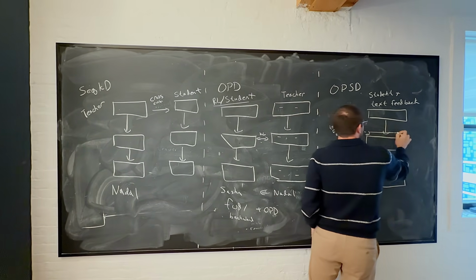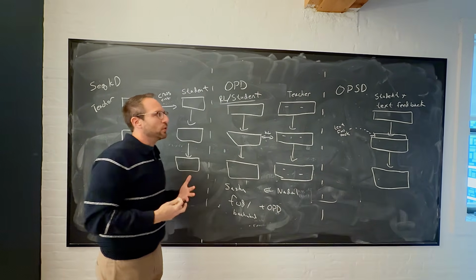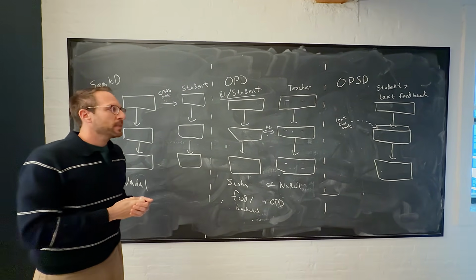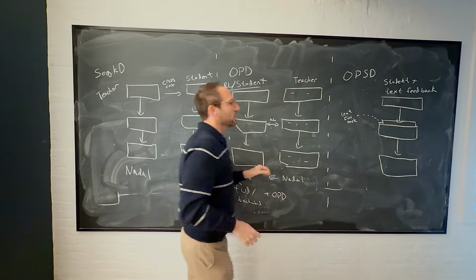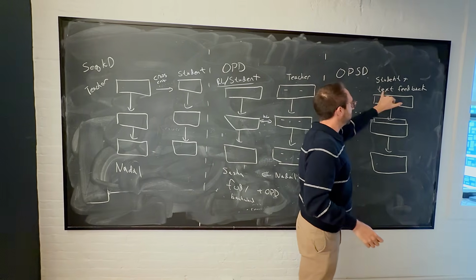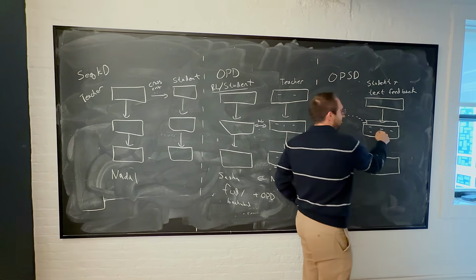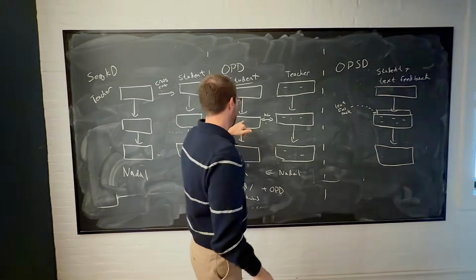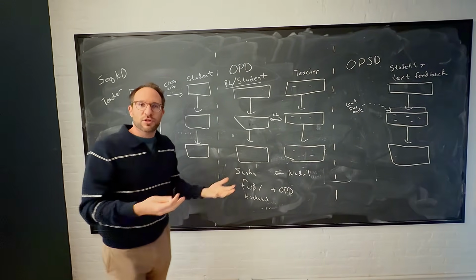So there'll be some extra information we'll put here that basically tells you what you'd like the model to do. And you can compute the log probs for the student, and then the log probs for the student plus the text feedback. And there'll actually be differences at this message. So this and this will not have exactly the same log probs, right, because you've conditioned on extra information.